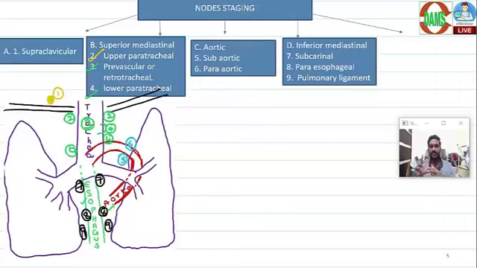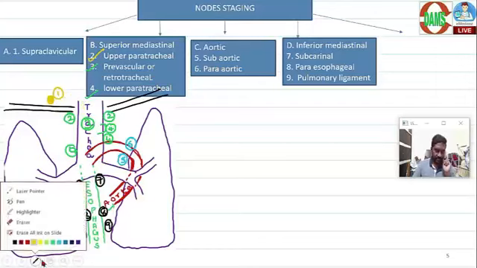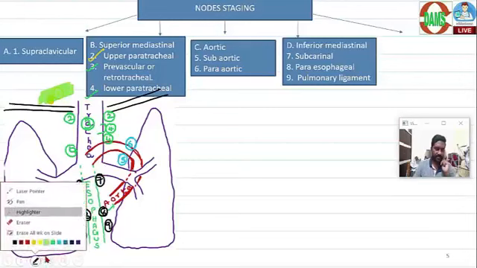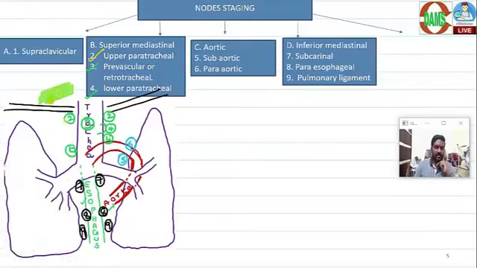So very simple. We had supraclavicular. I will just show you here. This is the supraclavicular. Then we had superior mediastinal, in that upper paratracheal.